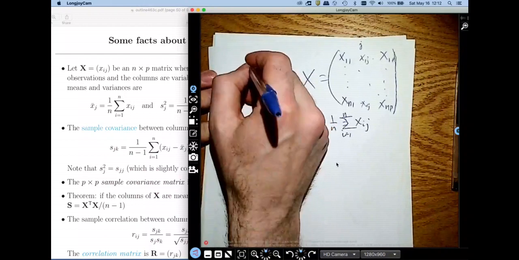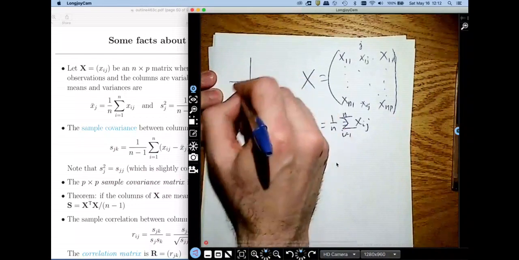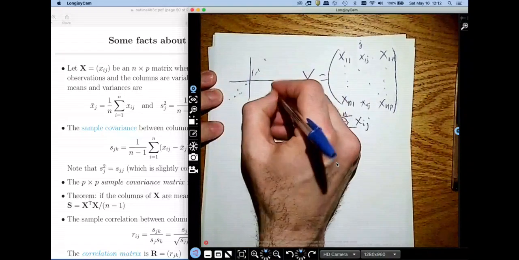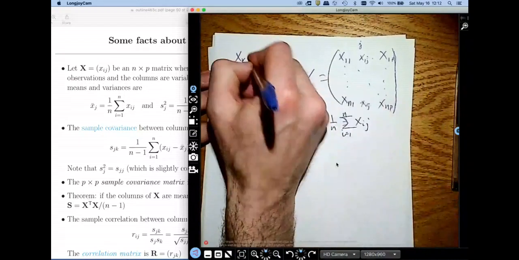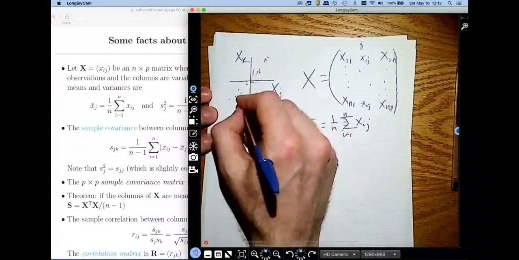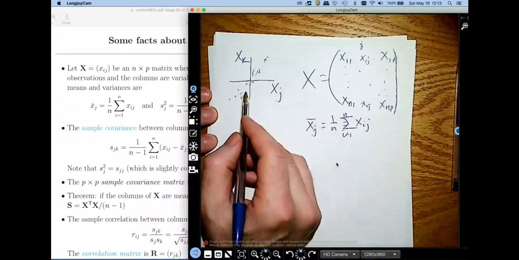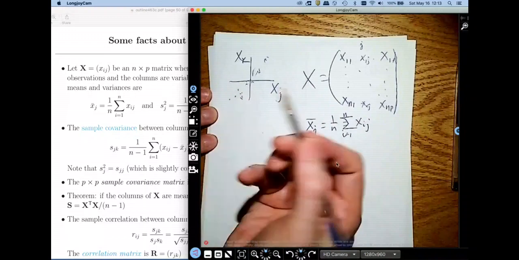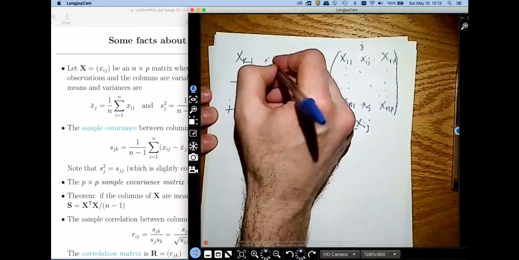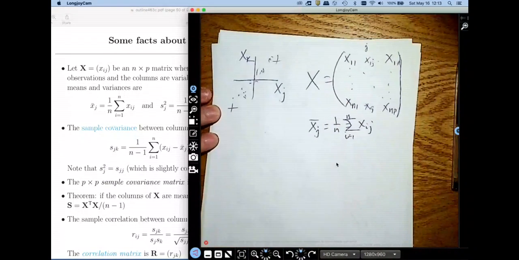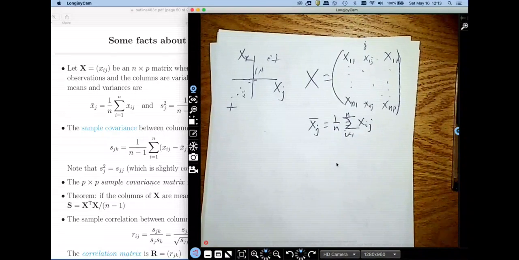So maybe a picture is worth all those words that I was saying. So let's say my scatter plot looks like this. This is xj, this is xk. So notice whenever xj is above average, so is xk. When xj is negative, so is xk. So the product is positive, the product is positive. I average a bunch of positive numbers, I get a big positive number.